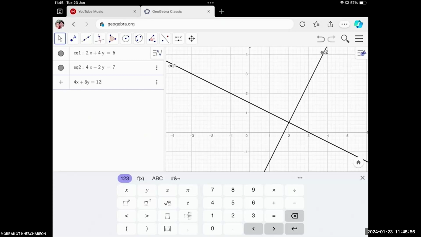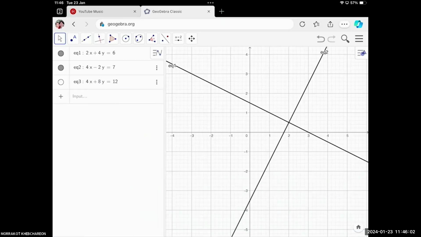If I multiply the first equation by 2, the equation, the line, the geometry, the graph remain the same, so the solution does not change.